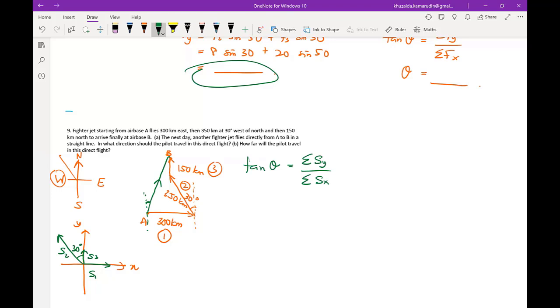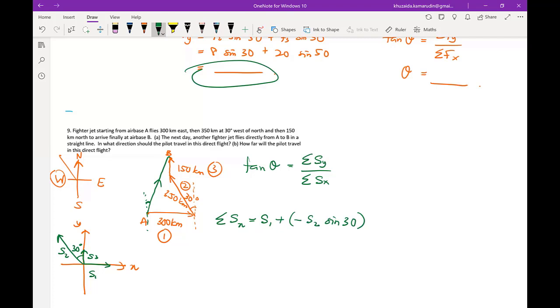So nak tak nak, we have to calculate what is the summation of Sy and also Sx. So kita buat Sx dulu macam biasa tadi. So we have 3 vector over here. So S1 is totally in x component, so we have S1, okay, tak perlu resolve dekat situ. Kemudian we have plus negative S2 sin 30 degrees.